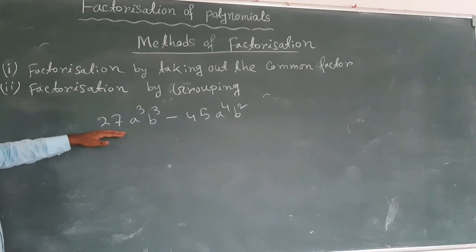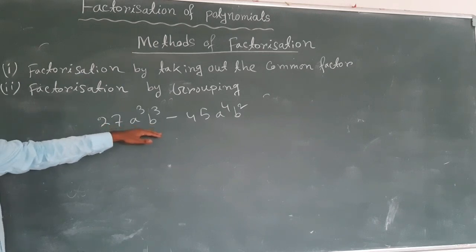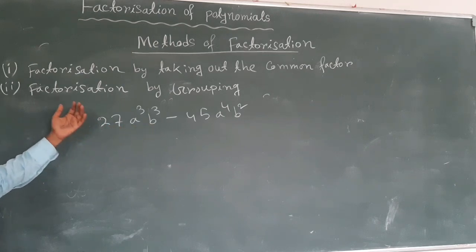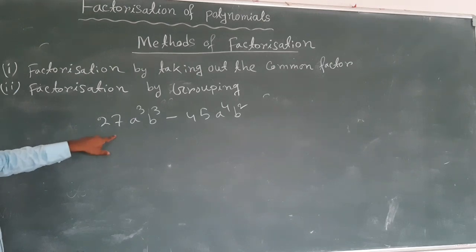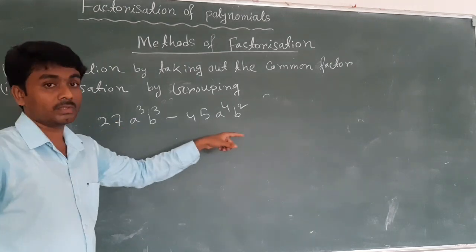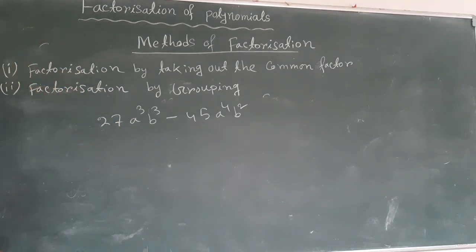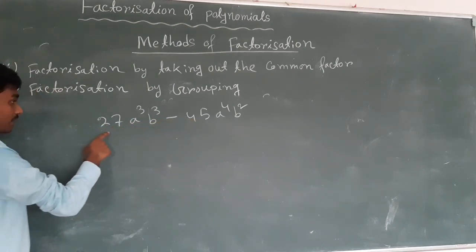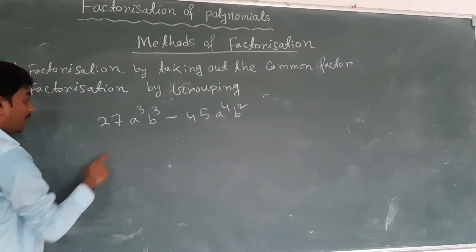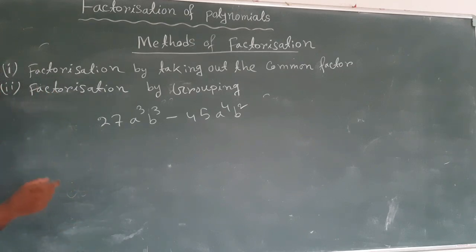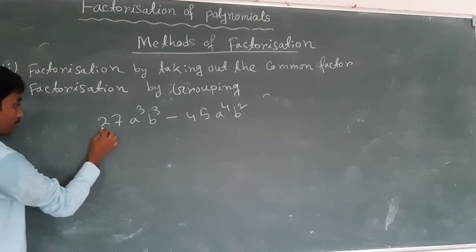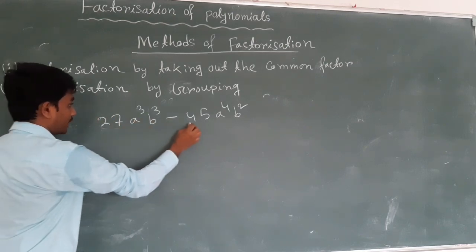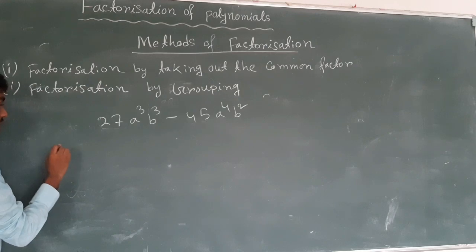When a given polynomial has a common factor in each term, then we divide each term by the common factor and write the common factor as a multiple. That means the common factor of 27 and 45 is 9.